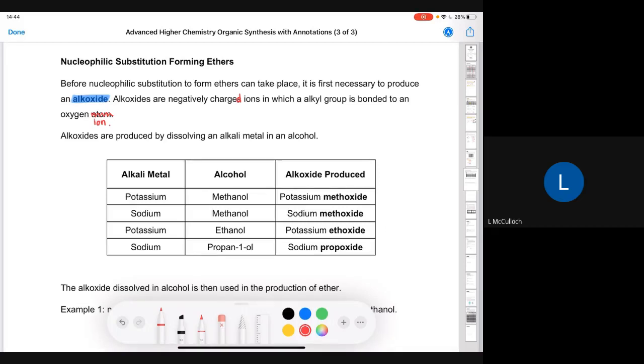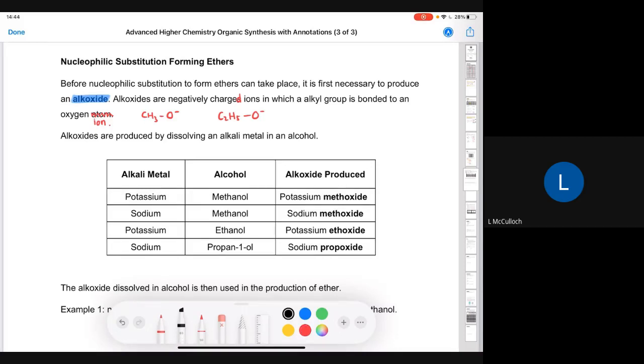So I'm just going to draw in a little example. We could take an alkyl group, so for example, we might have a CH3 and it's bonded to an oxygen ion like that. Or we might have a C2H5 and it's bonded to an oxygen ion like so. Okay, so those are our alkoxides.